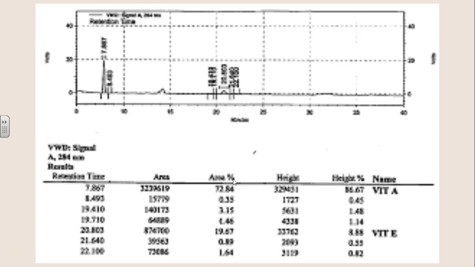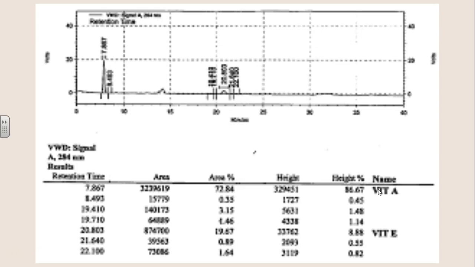The area percent is literally the percentage of the compound in the mixture. Now that can change slightly based on the mixture that you're running, but in general, that's a great rule. So what we're saying is that this first peak, the area is 72.84%, but that means that that mixture is 72.84% of whatever that compound is.